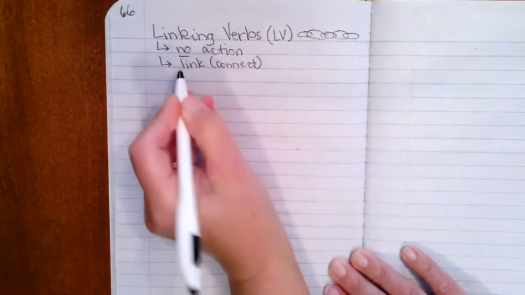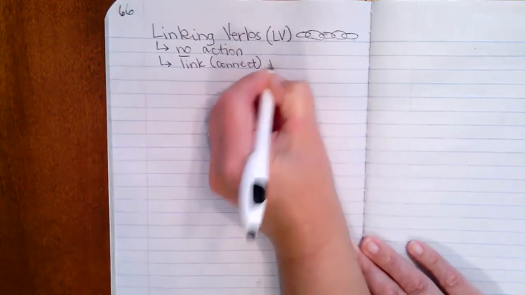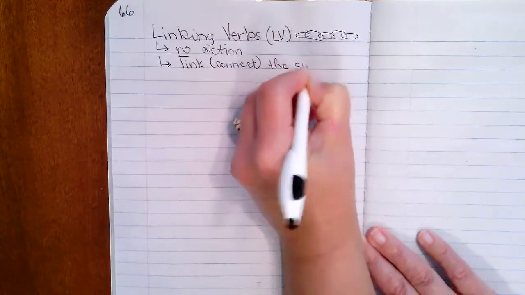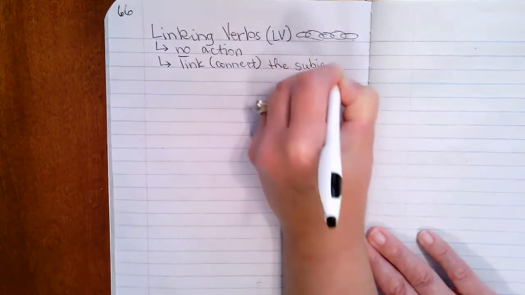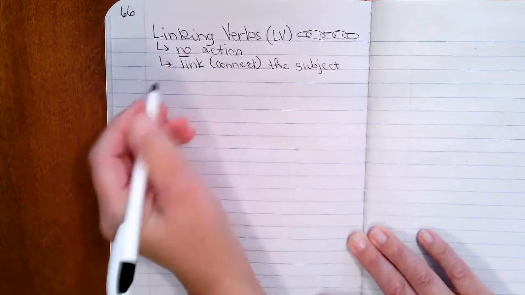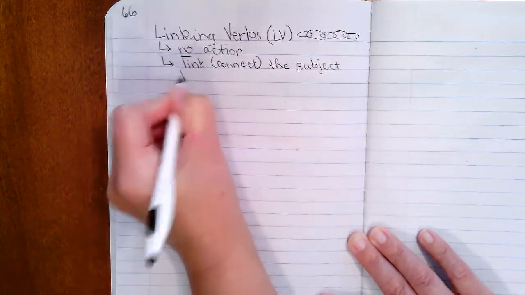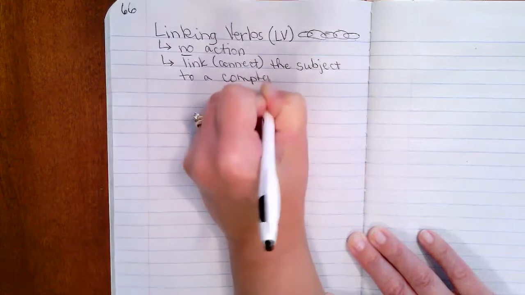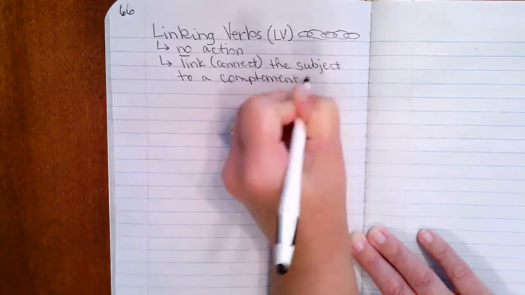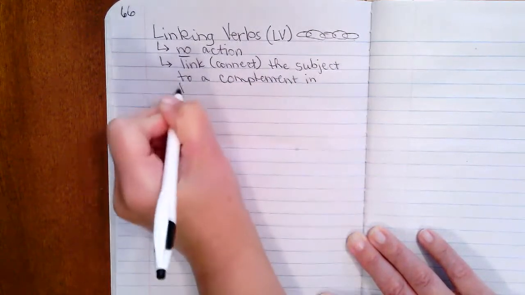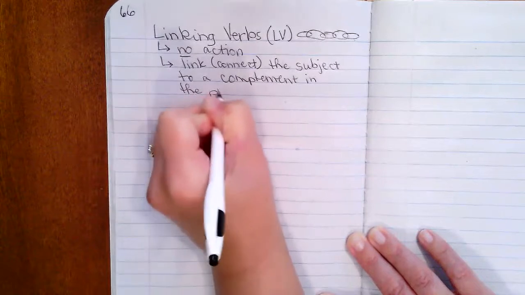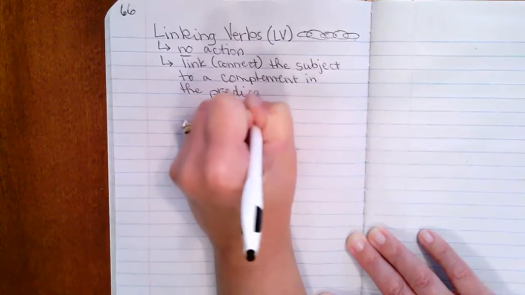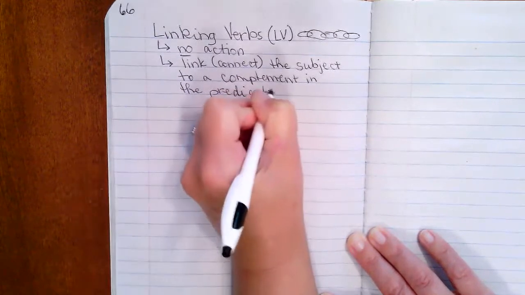Their job is to link or connect the subject, whom or what the sentence is about, to a complement in the predicate. Now, we've seen that word, complement, when we first started this chapter.